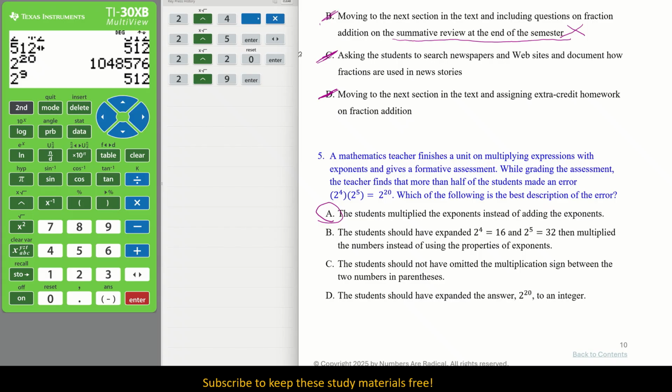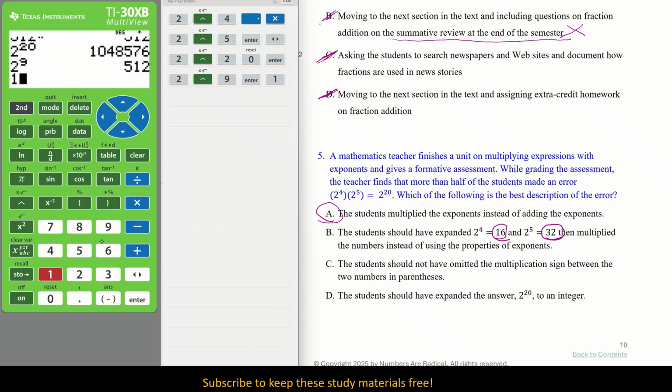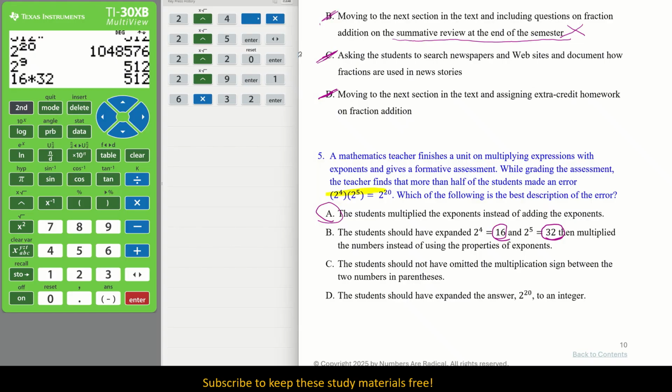Yes, it's a way that the student could have gotten there, because let's multiply 16 and 32. 16 times 32. Yeah, but that's one way to get there, but it isn't the error actually shown right here. This is not what the error shows. That's a process, but not an error. So I disagree with B.